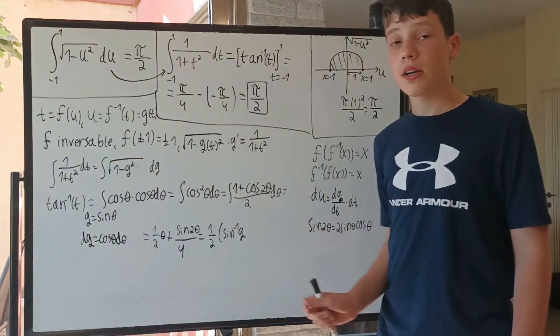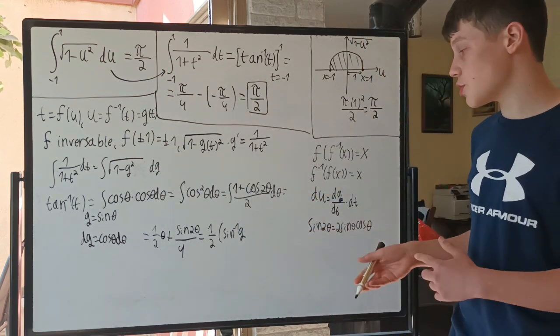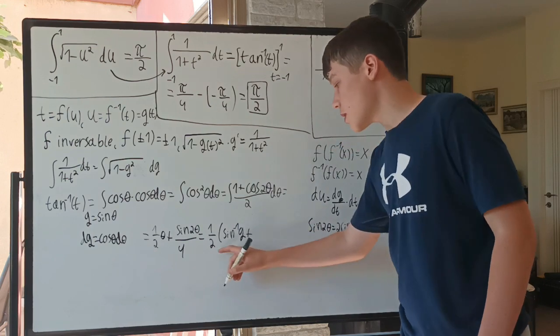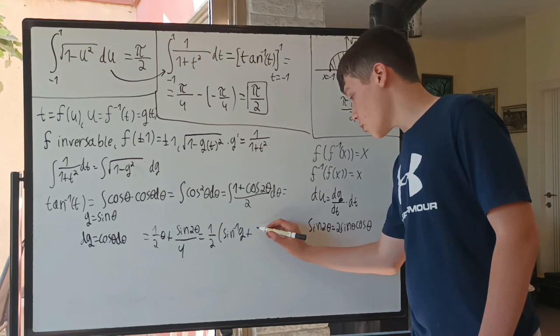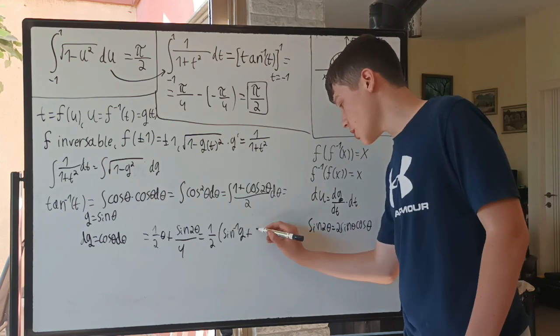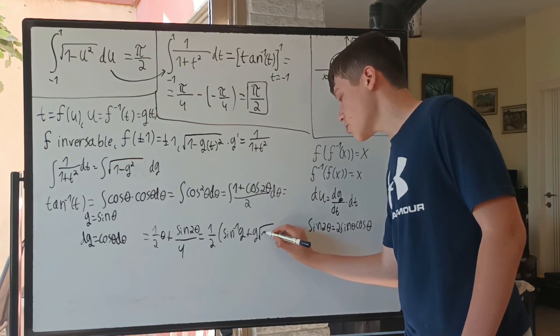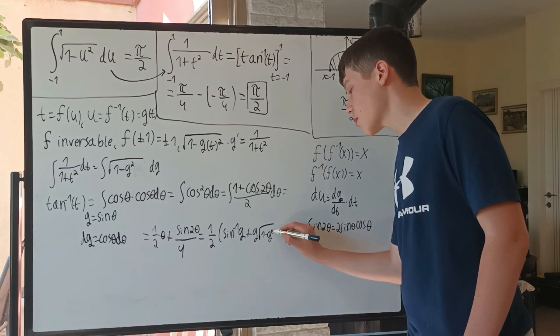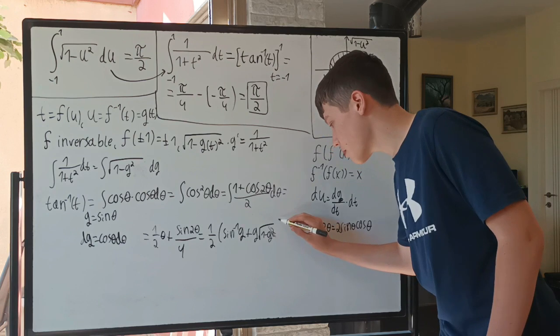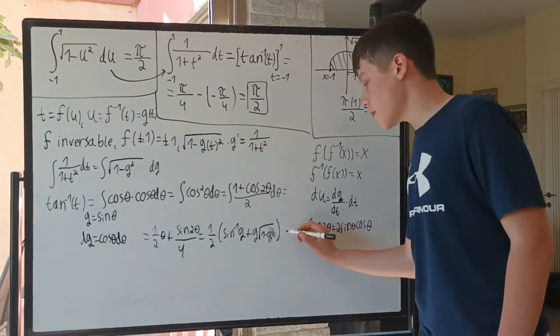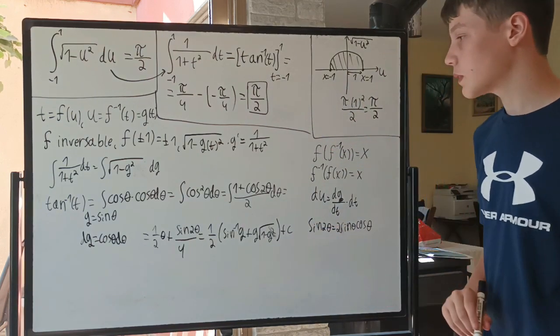Sine theta is g, cosine theta is square root of 1 minus g squared. So if I bring this half outside, we get just arcsine g here plus g square root of 1 minus g squared. And then plus c, of course.